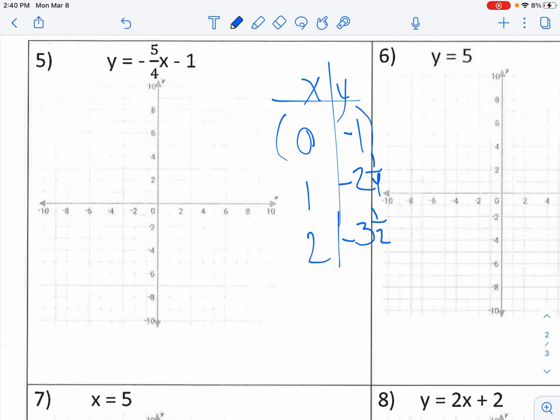So when I was solving for y, I was working all of this out with paper and pencil, converting to improper fractions, cross-canceling, just to double check myself and make sure my coordinates were going to be correct. So 0 and -1, 1 and -2 1/4, 2 and -3.5.